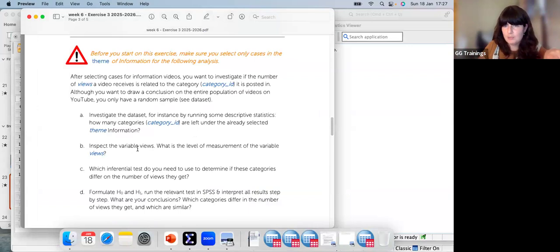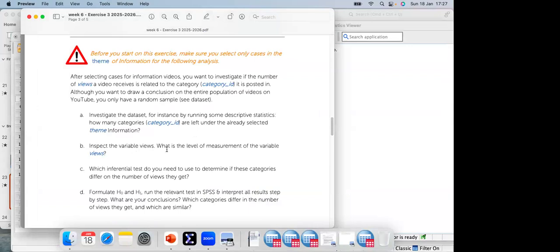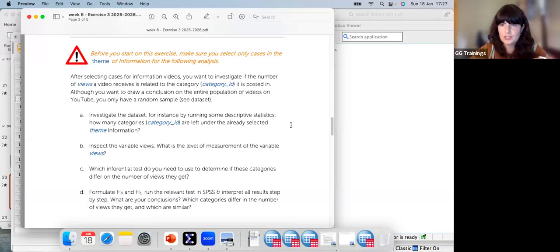Okay. We're going to skip B for now. Sorry, so what is the breaking point for the ANOVA, where we use the ANOVA, not the two-sample t-test, for the categories, if it's more than what? Okay, yes. The two-sample t-test is only 2 categories. As soon as it's more than 2, it's a one-way ANOVA.